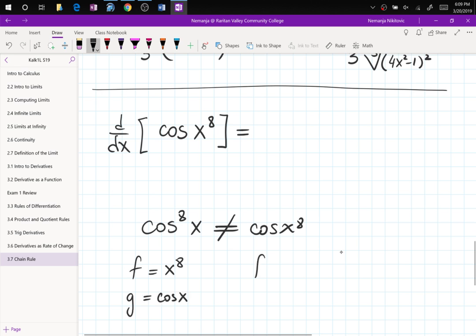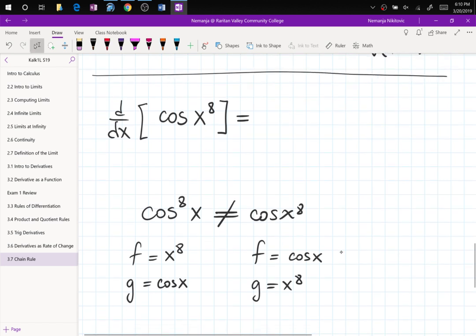On the other side, your main function is cosine x and x to the 8th is plugged in. So I need you to stare at this and write it down and understand that that holds for sine and tangent and ln. Same notation. So all 6 trig functions plus ln, they all have the same notation.